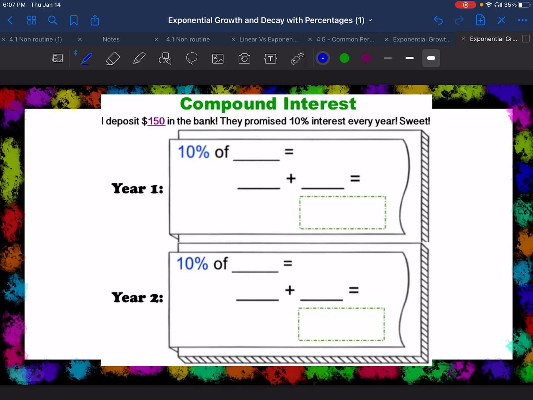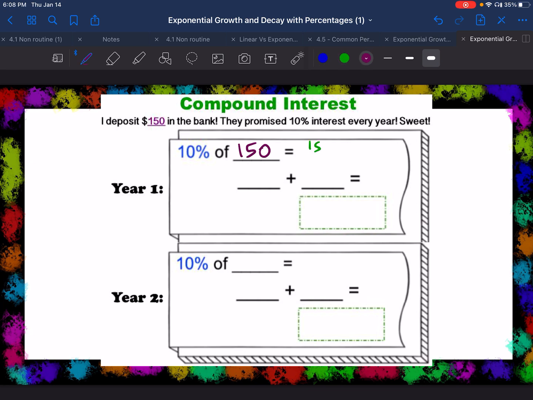Let's say you get $150 to put in the bank. Very similar to the last problem, you get to add 10% interest every year. That's a pretty high percentage, but let's pretend that's realistic for this question. To calculate how much money you're going to have every year, you want to take 10% of what you were given, which is 150. 10% of 150, we already know that's going to be 15.